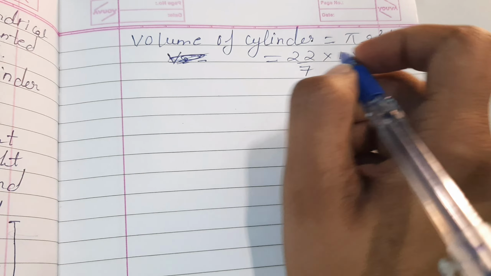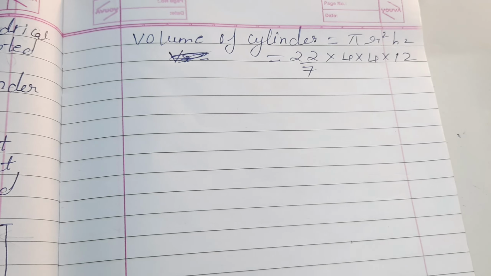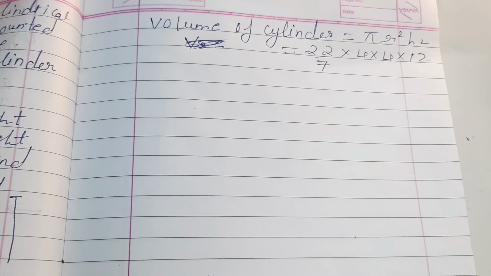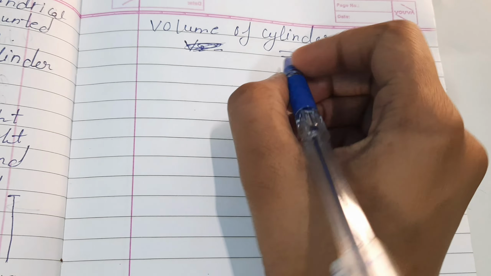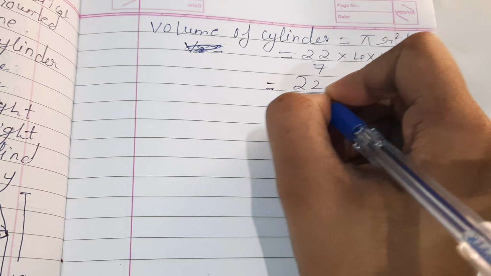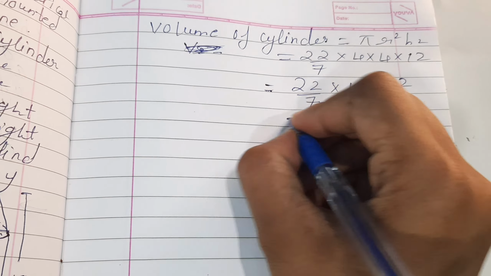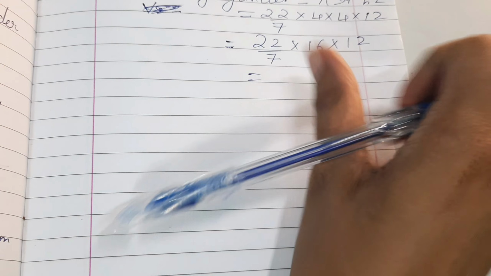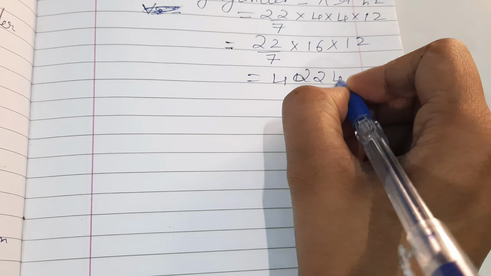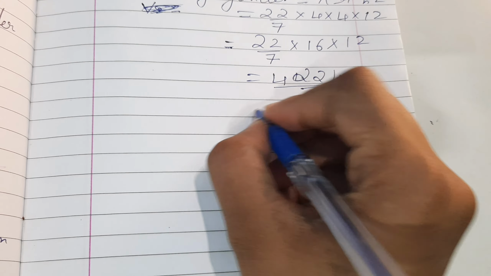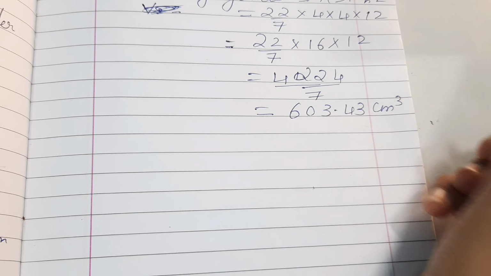So anything is getting cancelled over here? No, nothing is getting cancelled. So write down 22 upon 7 multiplied by 4 4s are 16 multiplied by 12. Multiply the numerator, you will get 4224 upon 7, which is approximately 603.43 centimeter cube.